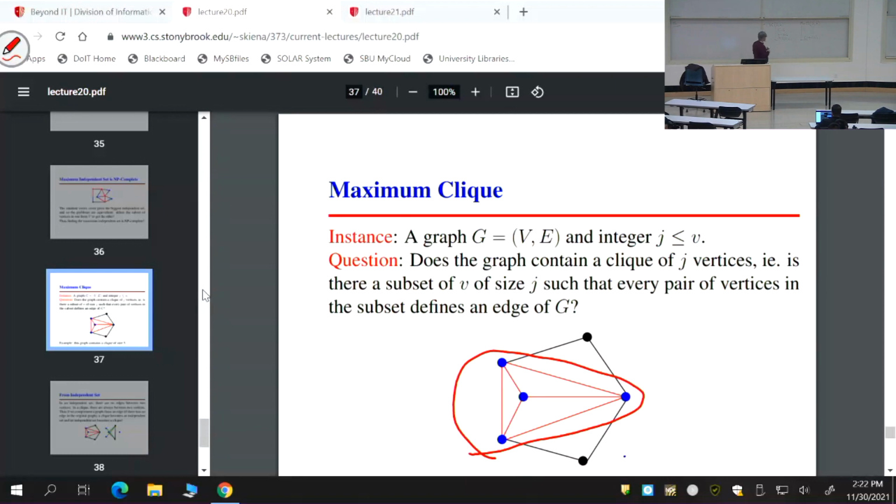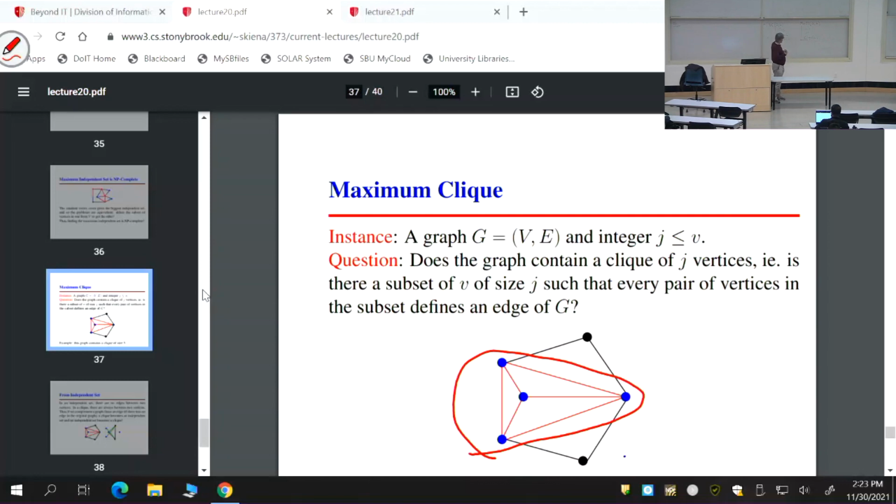Is there a way we could use clique as a subroutine to solve maximum independent set? Okay. We agree. I'll write the part of the algorithm. G prime is equal to something, and J is equal to something.